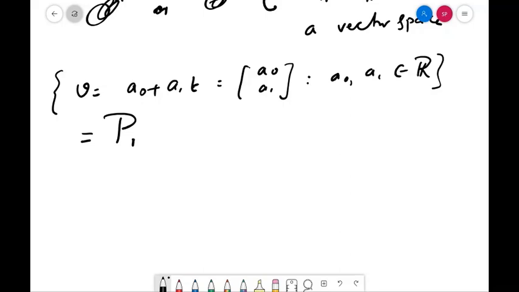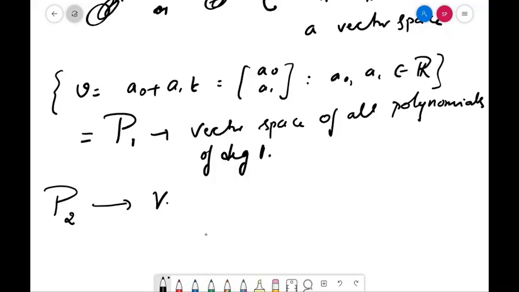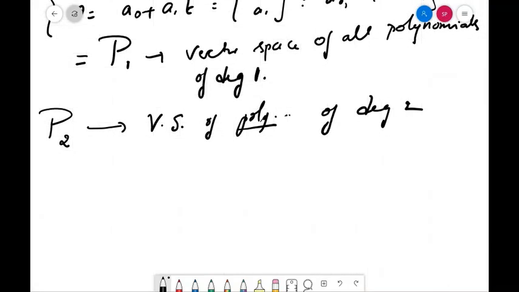This forms a vector space, and we call it the vector space of all polynomials of degree 1. Similarly, what will be P2? This will be the vector space of all polynomials of degree 2.